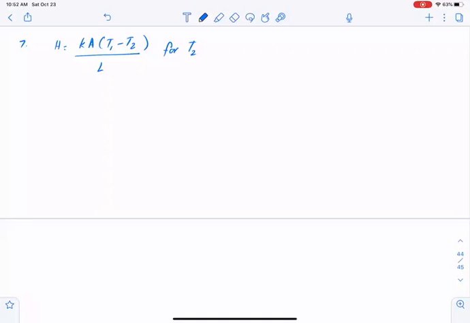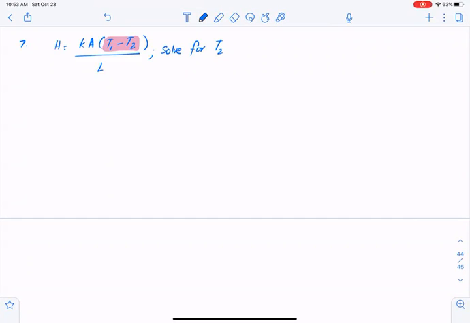Okay, we have H is equal to K times A multiplied by T1 minus T2, divided by L. And we want to solve for T2. So since T2 is inside the product there, I want to isolate T2 first.